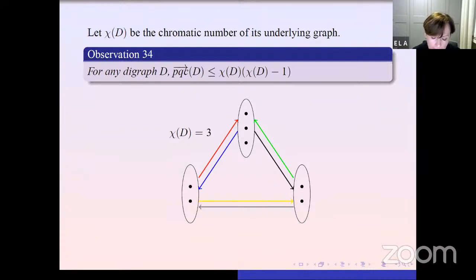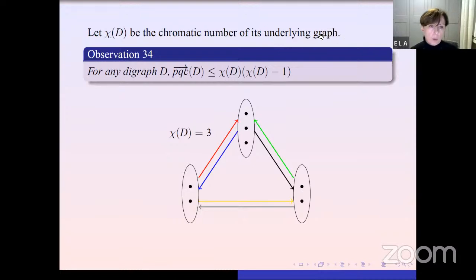And next, we can also observe that we can bound the proper quasi-connection number by the chromatic number of the digraph. The chromatic number of a digraph is the chromatic number of its underlying graph.